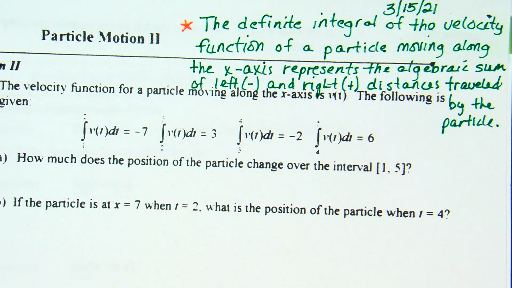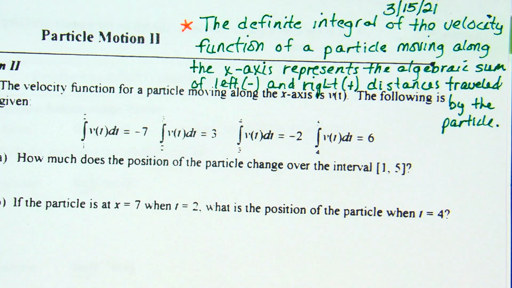And as I said, you have to keep in mind that negatives are left. And so overall, it's going to end up representing the net change. Like, where is it in relation to where it began, essentially?